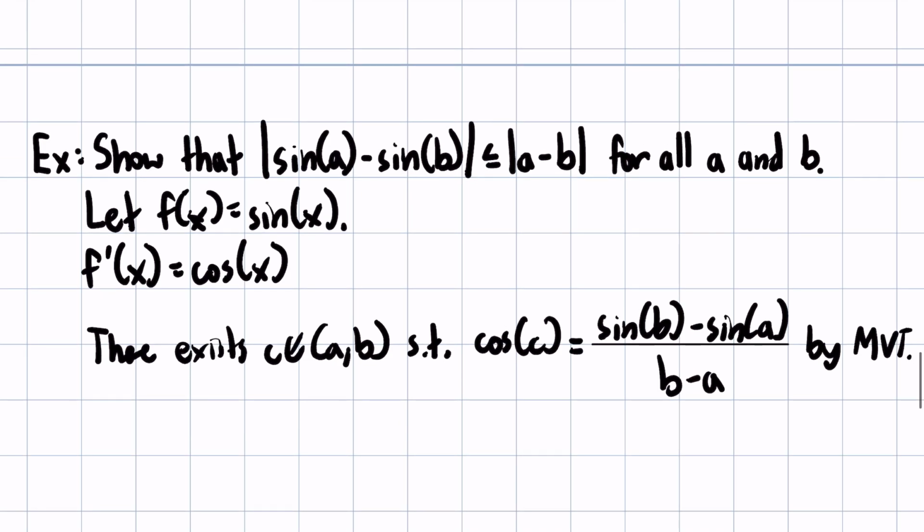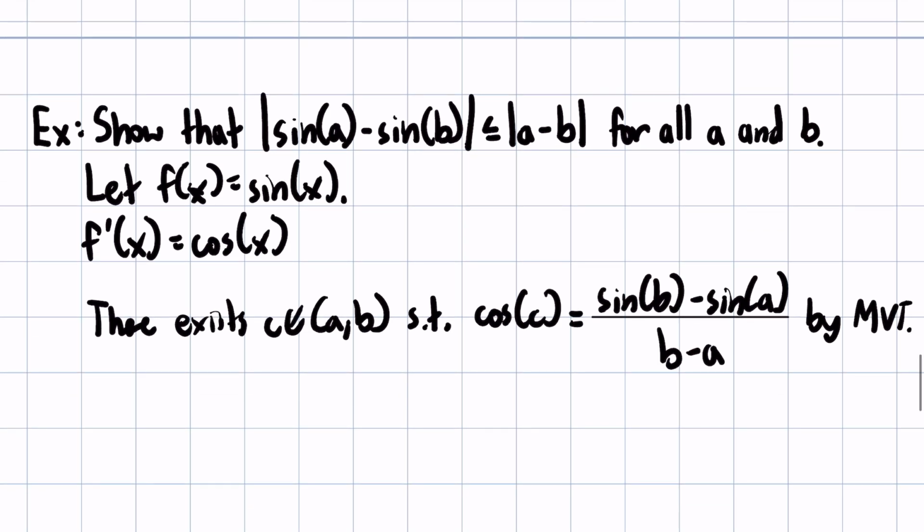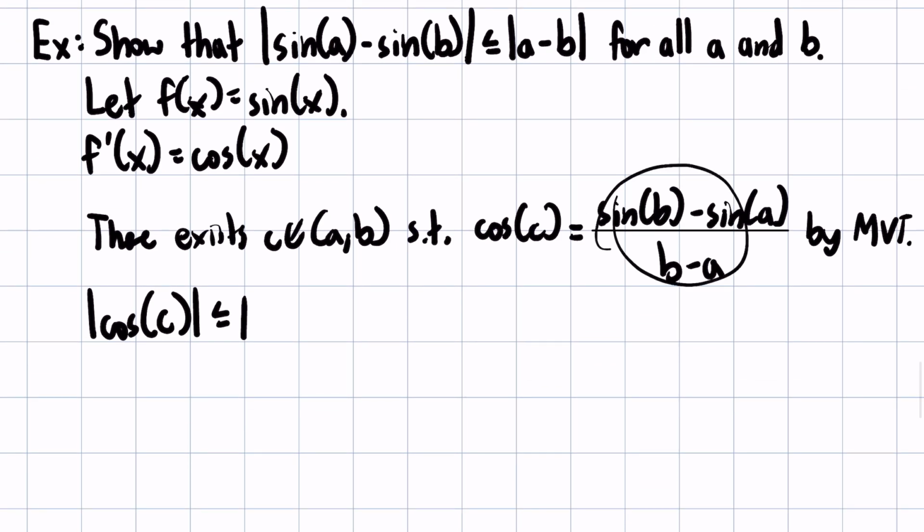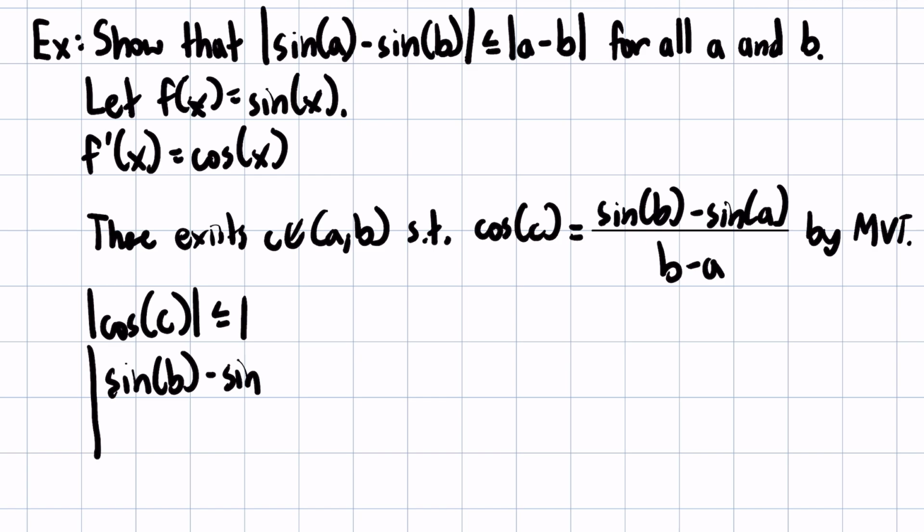Now, just based off the range of the cosine function, we know that the absolute value of the cosine of anything, here it's the cosine of c, is less than or equal to 1. Okay, and we know that cosine of c is equal to this, so let's sub in this fraction for cosine. So now we have the absolute value of sine of b minus sine of a over b minus a is less than or equal to 1.